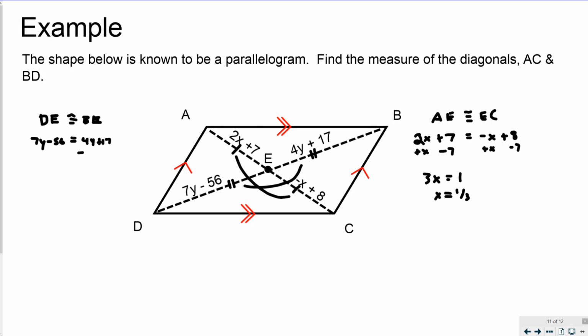So I'll take 4y from both sides and then add 56 to both sides. So over here I get 3y. And then on the other side, 17 plus 56 gives me 73.